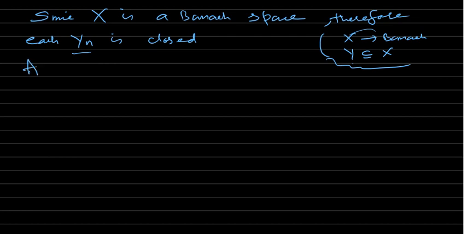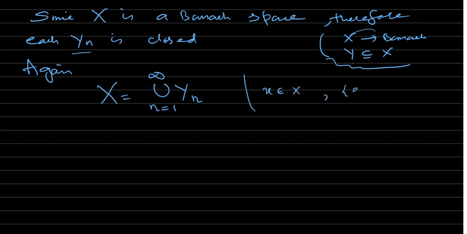Again, we have that X is obviously the union of the Yn. Take any point in X; it will be a point of some Yn. Since we have a basis of X, we can find some finitely many vectors from this basis such that x is a linear combination: x = alpha1 e1 + alpha2 e2 + ... + alpha_n en for some n.